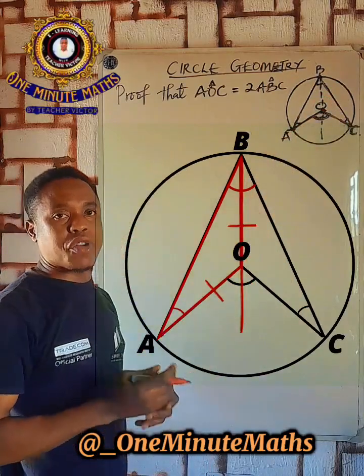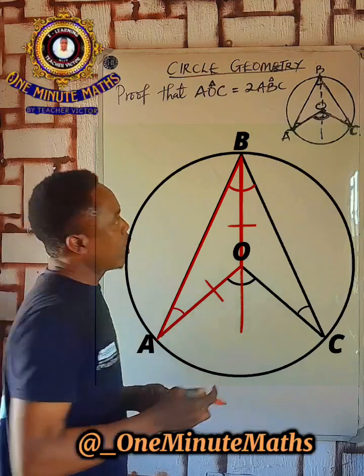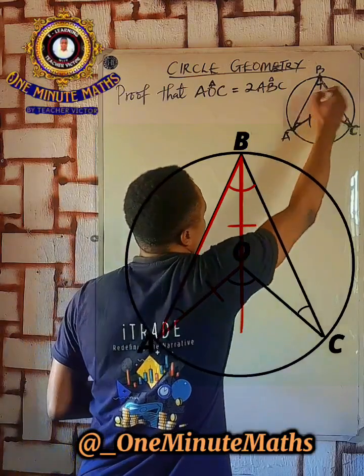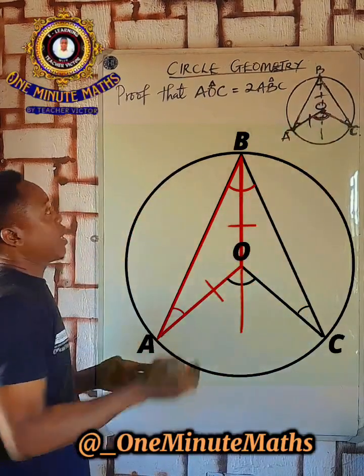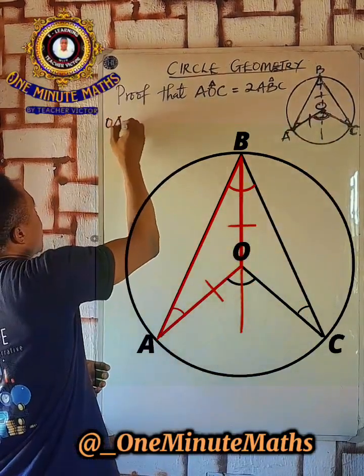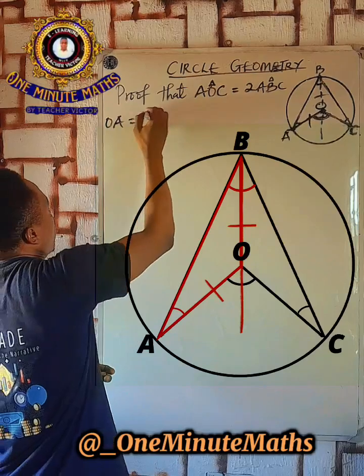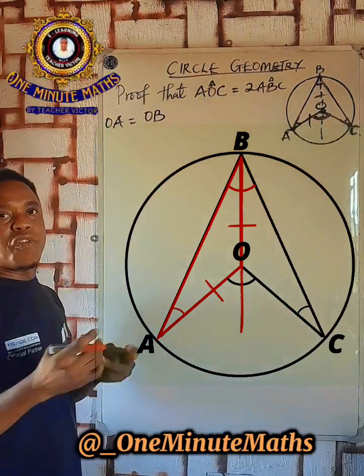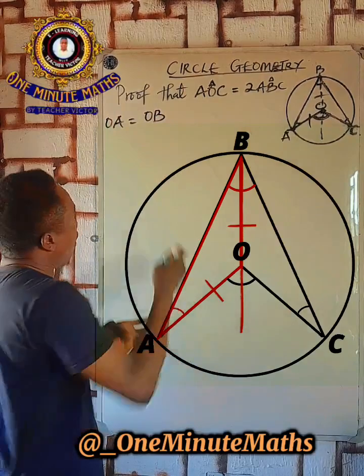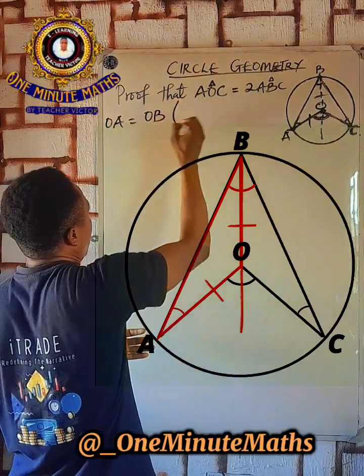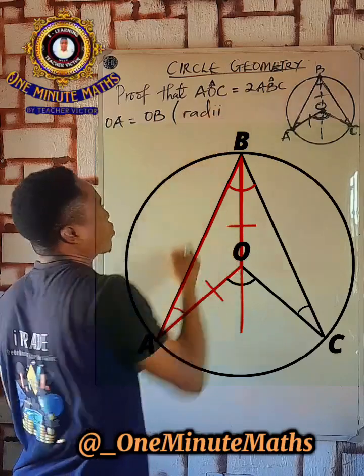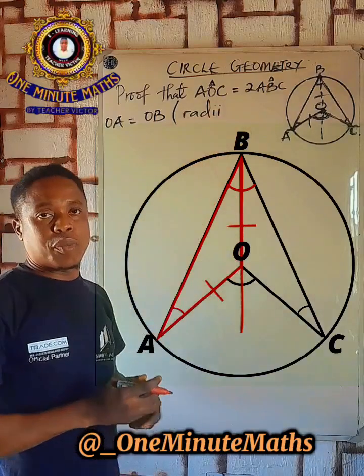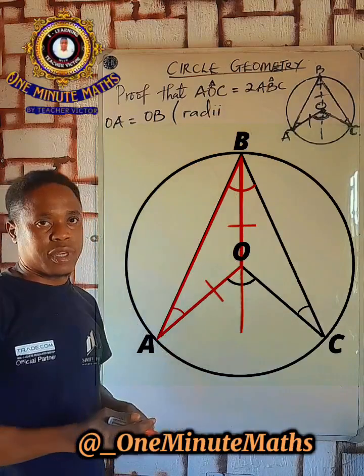And because all radii are equal, we can put a symbol here to show equality between these two lines, so that we can say that OA is equal to what? OB. And don't forget to always add your reasons. Our reason for saying this is that what? They are both radii, because they are all drawn from the center of the circle to the circumference.